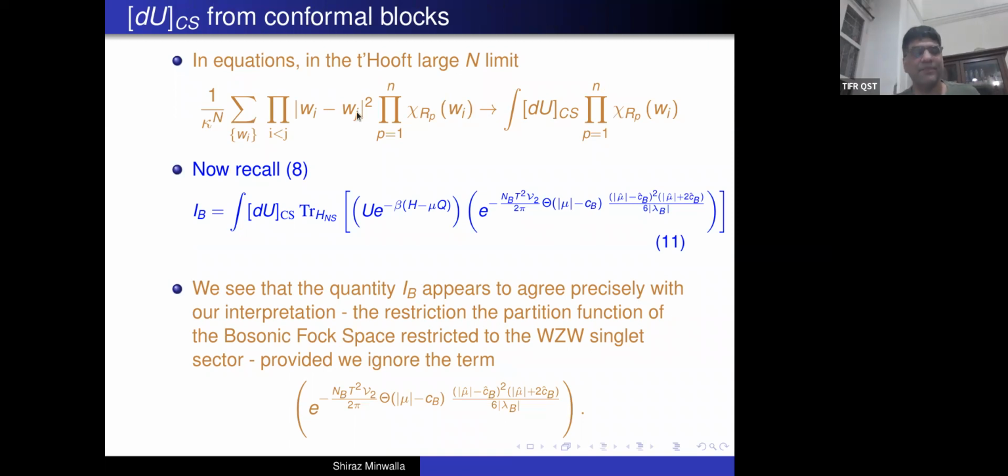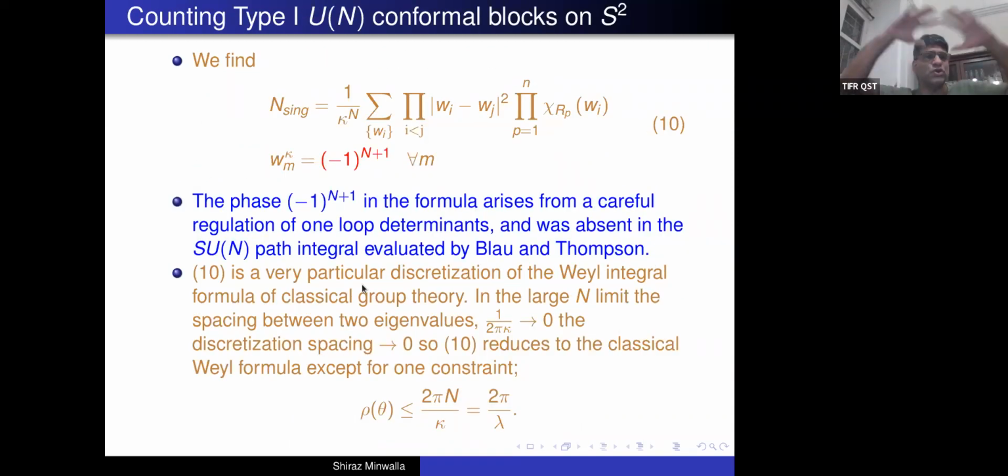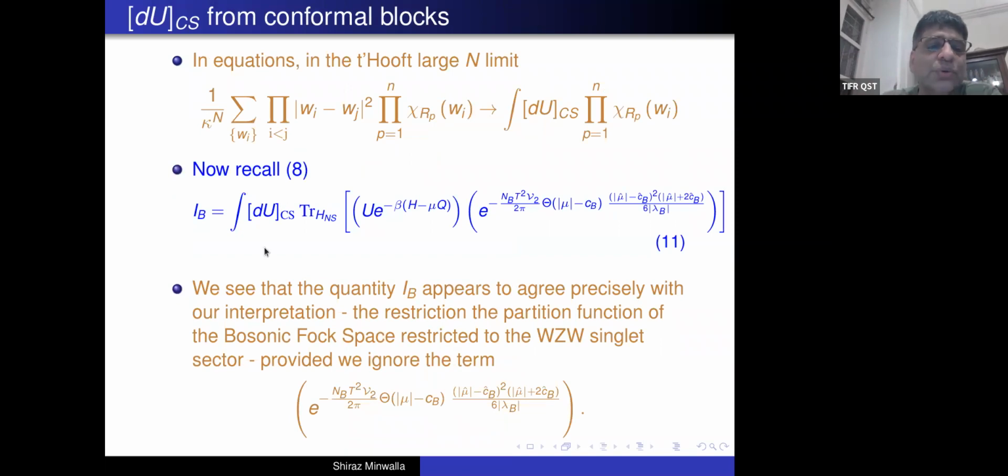I've written that here. But you see, this integral with the usual Haar measure, which is the measure used in the Weyl integral formula, supplemented with this additional constraint that the eigenvalue density cannot exceed 2 pi by lambda, is simply this measure that I introduced earlier in this talk.